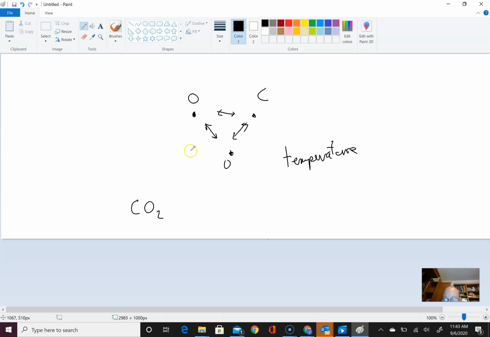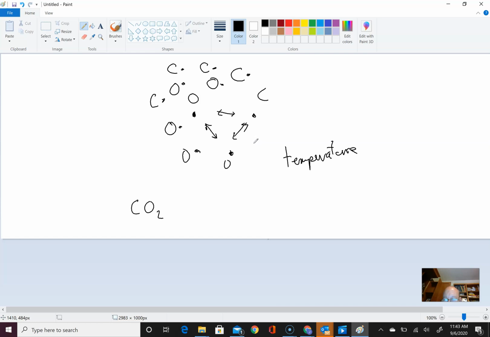The other thing that should make sense is that if I have a lot more carbon particles and a lot more oxygen particles, then that's also going to increase the rate of the chemical reaction.